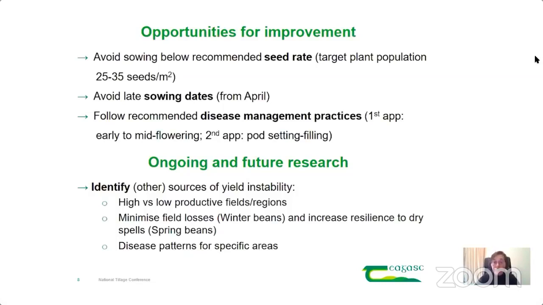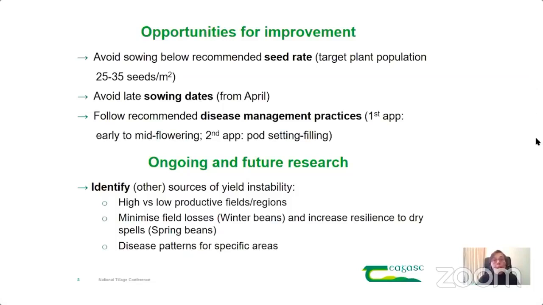From our perspective, we'll focus ongoing and future research in identifying other sources of yield instability. We need to identify high versus low productive fields or regions. For example, sandy soils and drier areas may need a higher seed rate to compensate lower seed per plant.